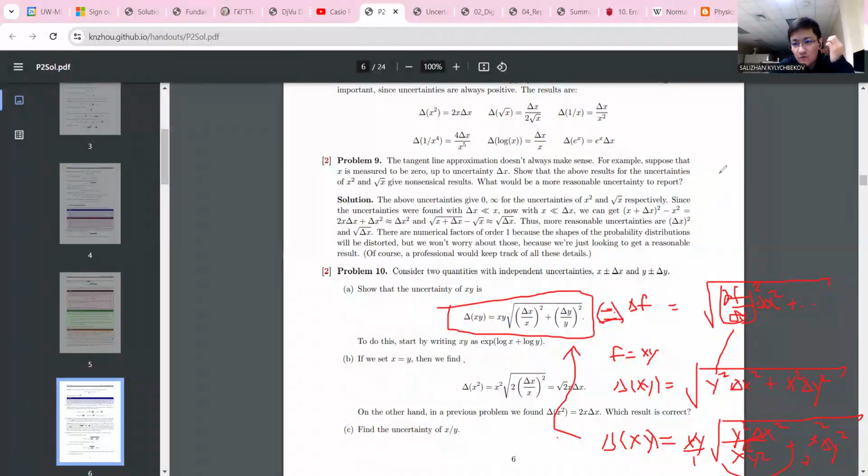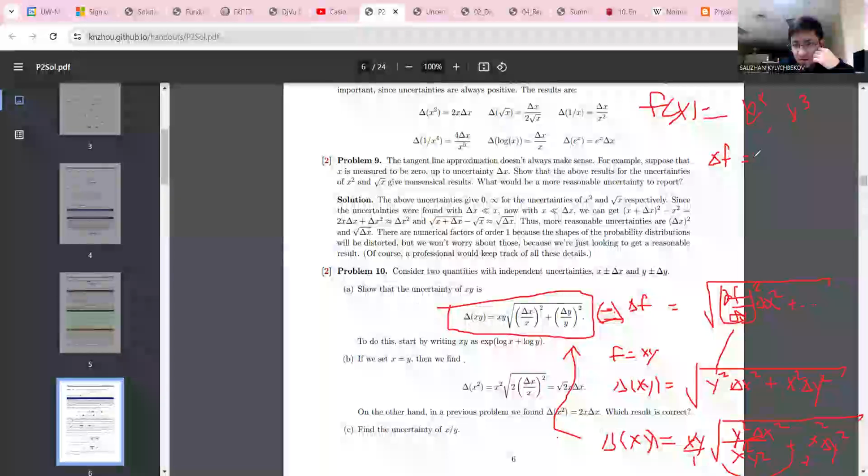So, two things, right? If your function is just one variable, and it can be exponential, it can be x cubed, or anything like this, then your function's uncertainty is basically what? df, even partial derivative, and you have only one variable, df dx delta x.